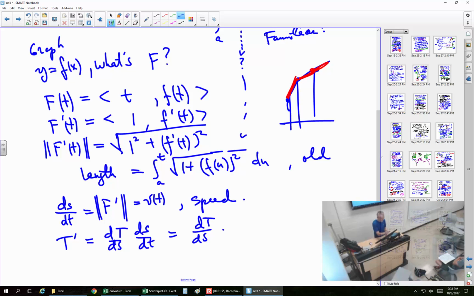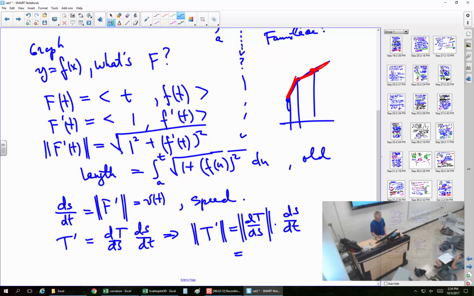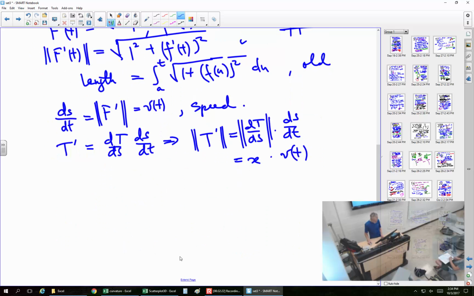Then we take the magnitude of this in order to conclude that the magnitude of T prime is the magnitude of dT/ds times ds/dt. As we know, the magnitude of dT/ds is the curvature, and ds/dt is v of t in the new notation.